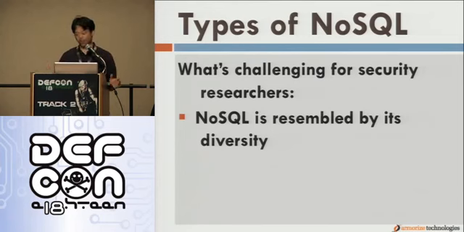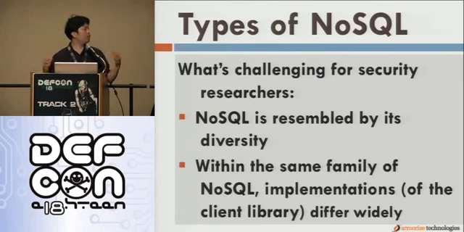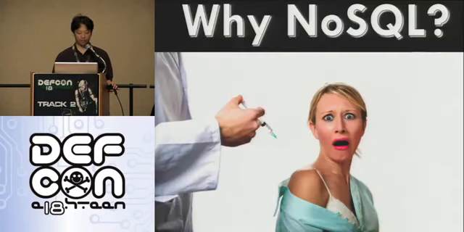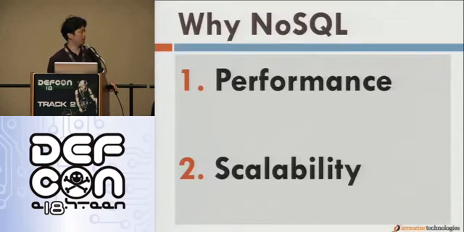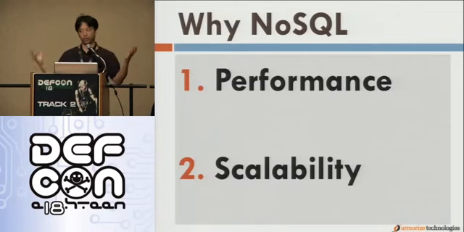There are a lot of families, and within the same family of NoSQL, implementations differ widely. And that presents a very big challenge as we see it. So why NoSQL? Why do people need to use NoSQL technology? Well, mostly for two very important reasons: performance and scalability.